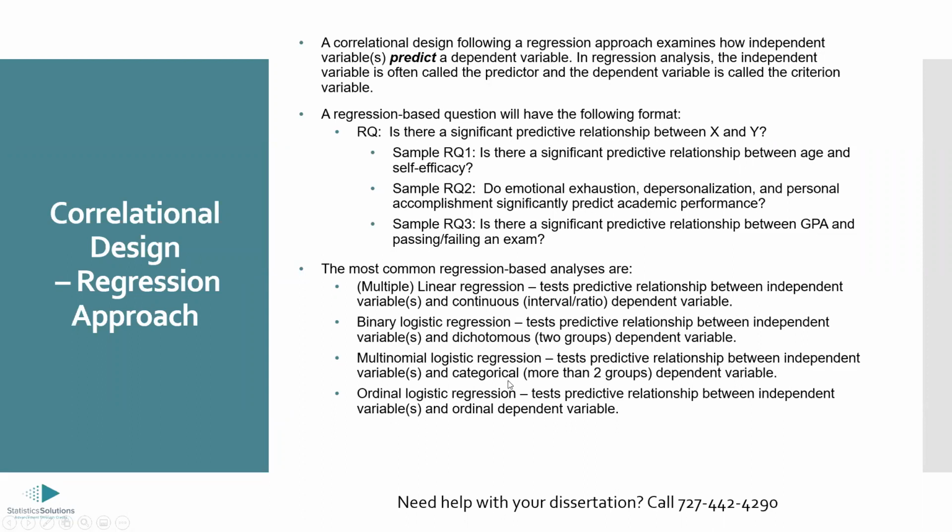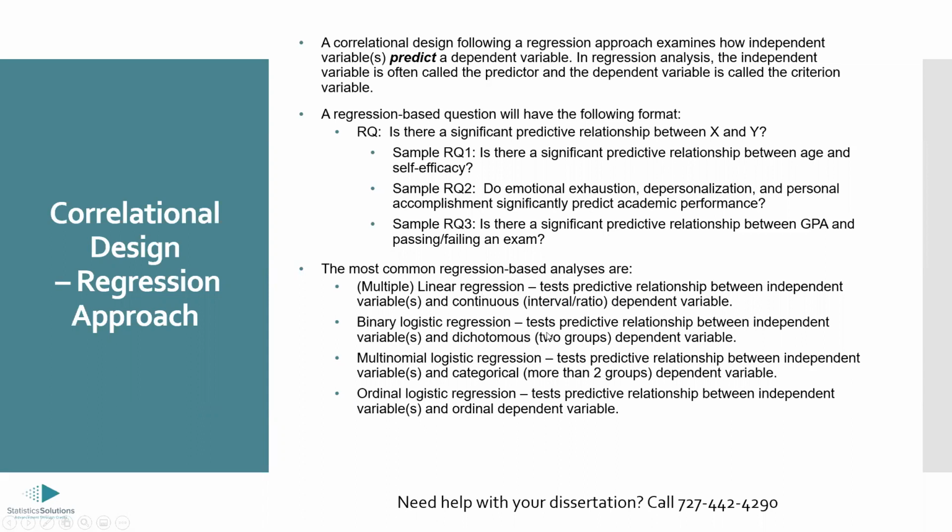You can see there are 4 types of regressions here, and the type of regression model that you use is 100% dependent on how your outcome or dependent variable is measured. So with this first one, we have a continuous dependent variable. We use a linear regression.